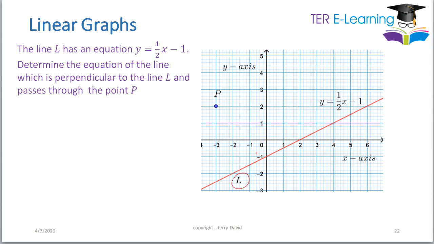And they want us to find the equation of a line which passes through the point P, that's this point here, but it is perpendicular to the line L. If it's perpendicular to the line L, this is the line they're talking about here. And remember, when two lines are perpendicular, they meet, but they meet at 90 degrees.